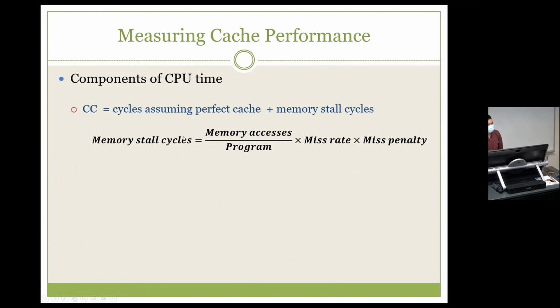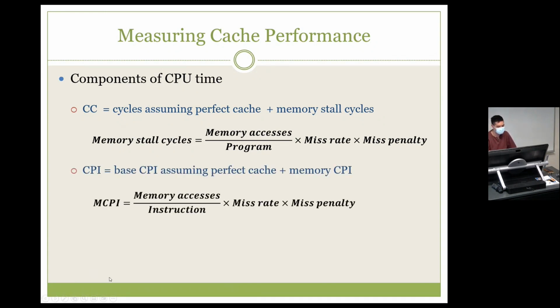All right, so these are our components again. Just as a reminder, clock cycles is memory accesses for the entire program times miss rate times miss penalty. And if we're talking about the CPI increase, it's the portion of memory accesses over all of the instructions times the miss rate times the miss penalty.